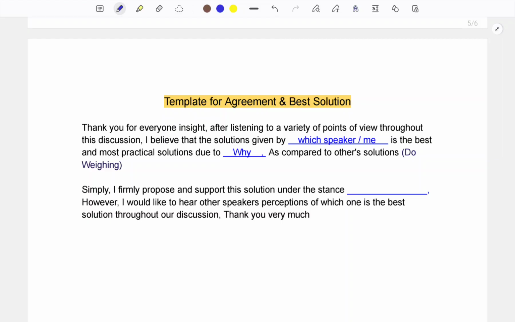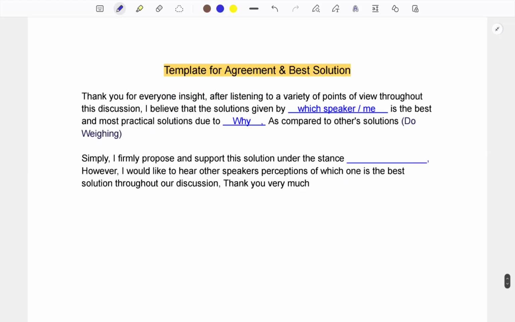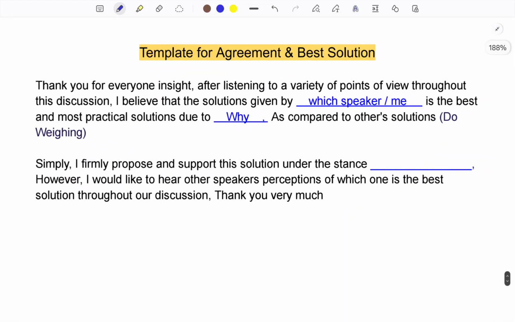Let's say your solution has its own problem. You can say that even though this solution has a problem, this solution actually doesn't. You need to make the solution you choose appear to be the best. Then you can end your part simply: I firmly propose and support this solution under the stance.